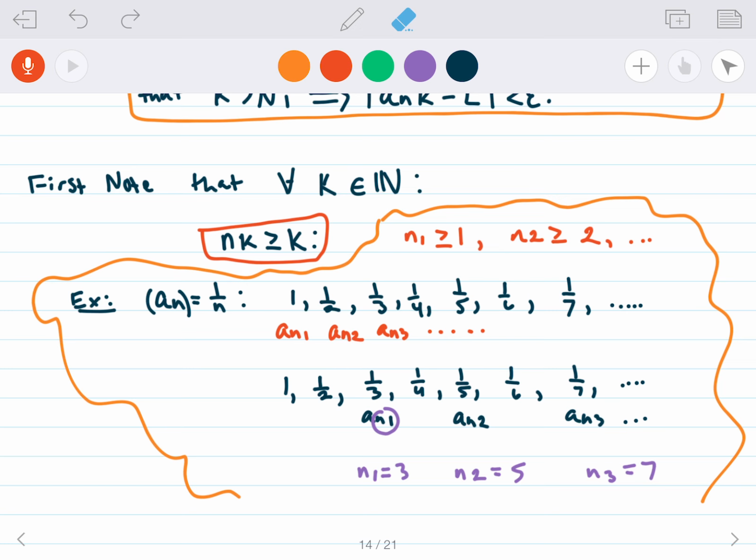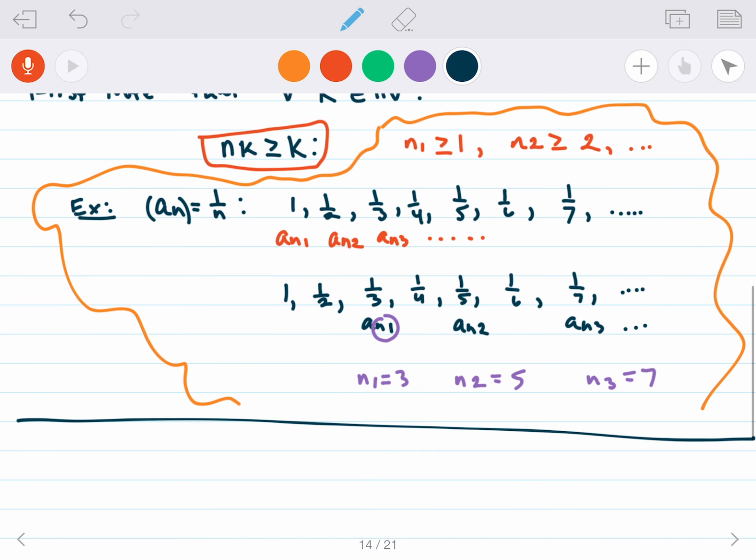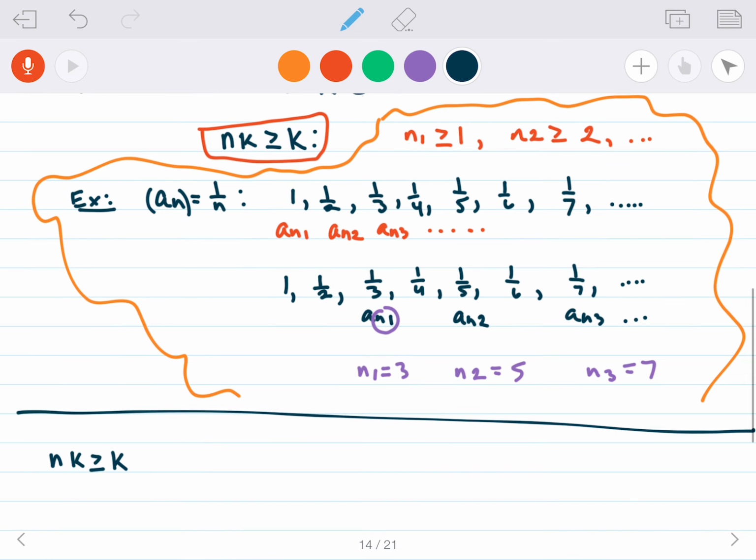Okay, so I'm going to go ahead and just keep writing down here. So we have that n sub k is bigger than or equal to k, and we kind of had the intuition there.